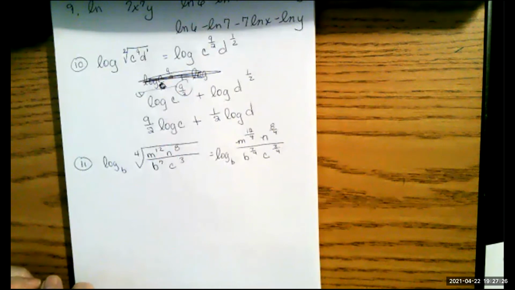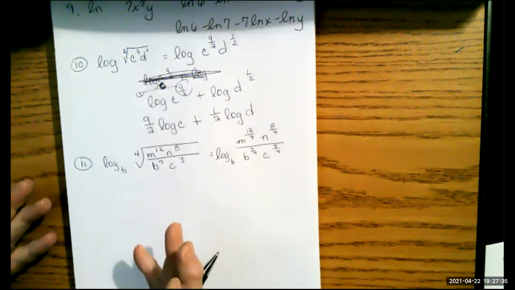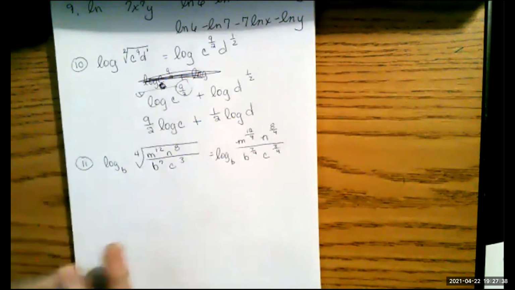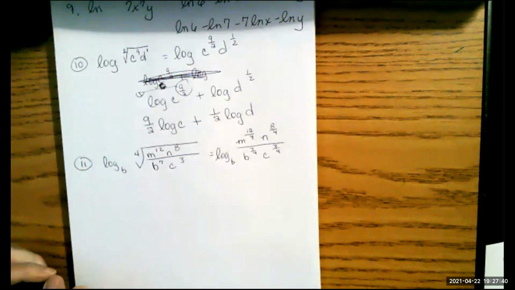No. Is it 3 log of BM plus 2 log of BN? Okay, that's 2 you've got right. Minus 7/4 log BB minus 3/4 log BC. Okay, you almost have it right. You have one tiny mistake.